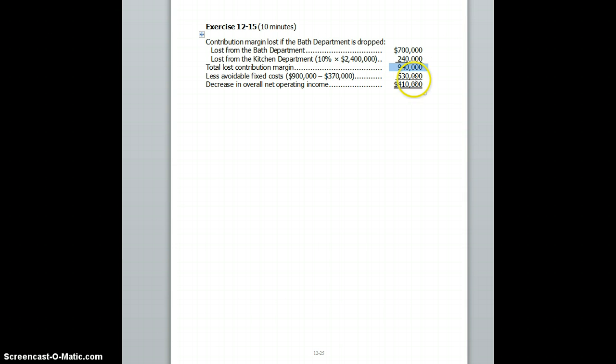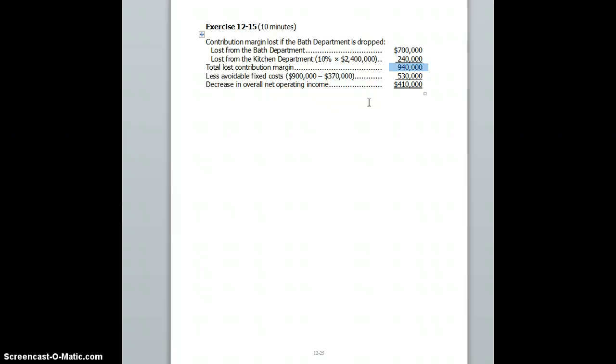Now the next thing we've got to look at is, what are we going to get rid of as far as cost? Obviously, if you're dropping a whole department, there's going to be some amount of cost you're no longer going to have. Well, the fixed cost of the bath department is $900,000, and they tell us in the problem that there's $370,000 of fixed costs being charged to the bath department that are sunk or allocated, and will continue even if the bath department is dropped.